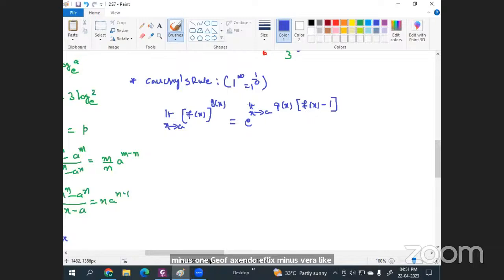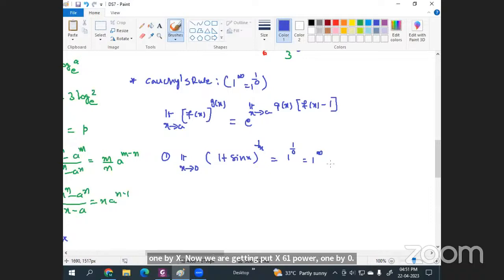Now, we have the formula like this, Cauchy's rule: limit x tends to a, f of x to the power of g of x, equals e power limit x tends to a, g of x into f of x minus 1. Now the first one, limit x tends to 0, 1 plus sin x whole power 1 by x. Putting x equal 0, we get 1 power 1 by 0, which is 1 power infinity, so I can apply Cauchy's rule.